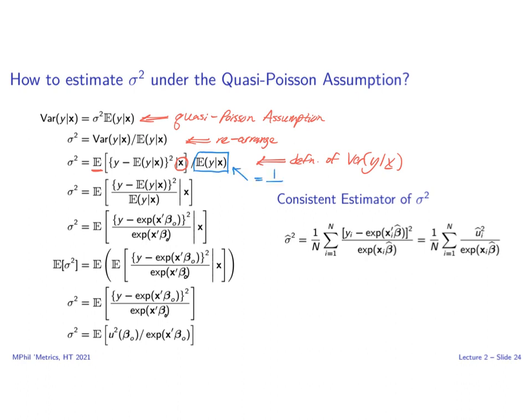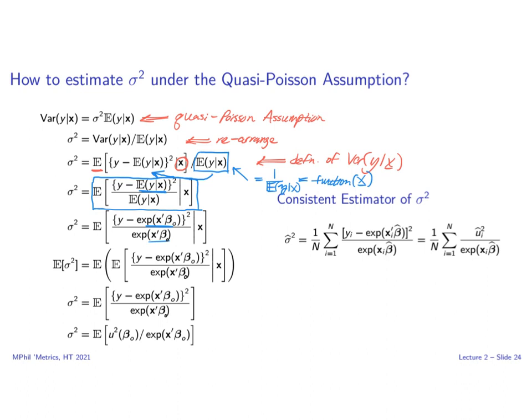So we can view this object, 1 over the expectation of y given x, as just some function of x. Thus, it can be pulled inside of the conditional expectation to the left, yielding the following expression. Now, substituting our assumed form for the conditional mean function of y given x, e to the x prime beta naught, we obtain the following expression.